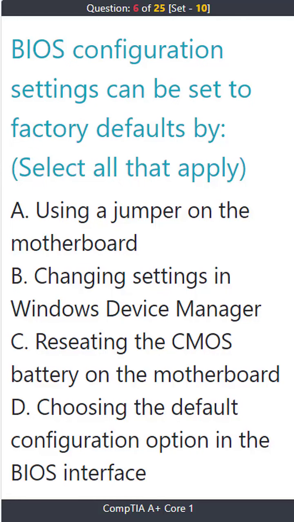Question 6. BIOS configuration settings can be set to factory defaults by, select all that apply. A. using a jumper on the motherboard, B. changing settings in Windows Device Manager, C. resetting the CMOS battery on the motherboard, D. choosing the default configuration option in the BIOS interface.